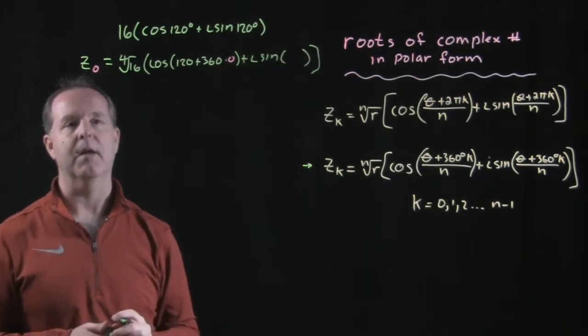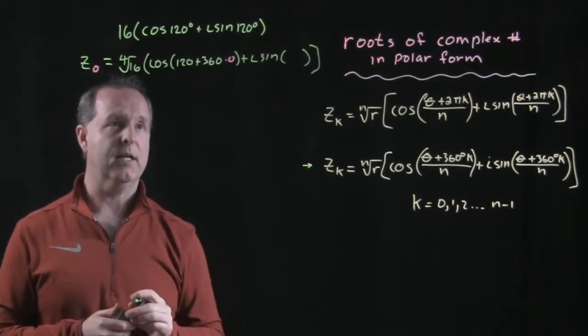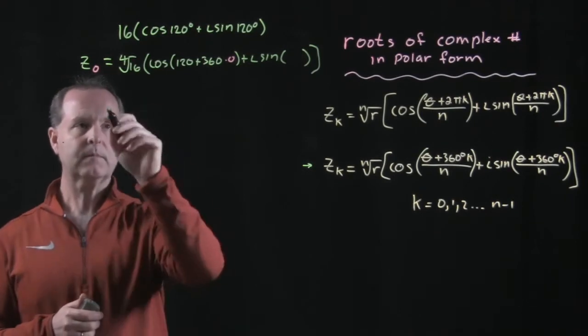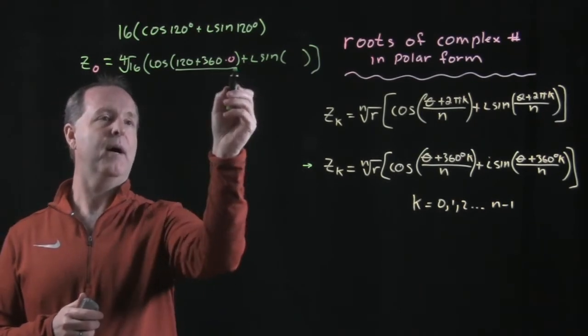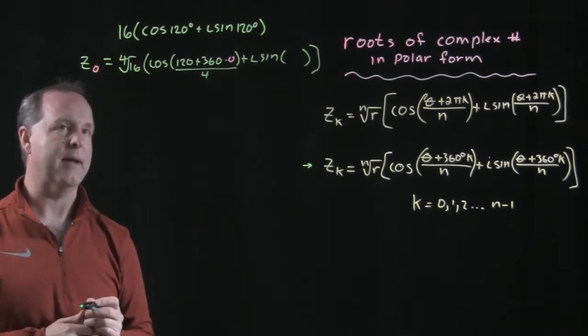The arguments are going to be the same in both of those. So just for the sake of space, I'm going to have an empty parentheses there. And this is divided by 4. Likewise, that's divided by 4 too. I want to make sure I do that.